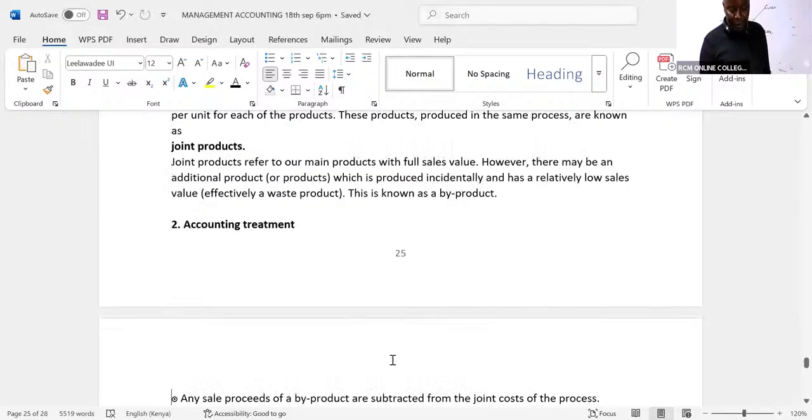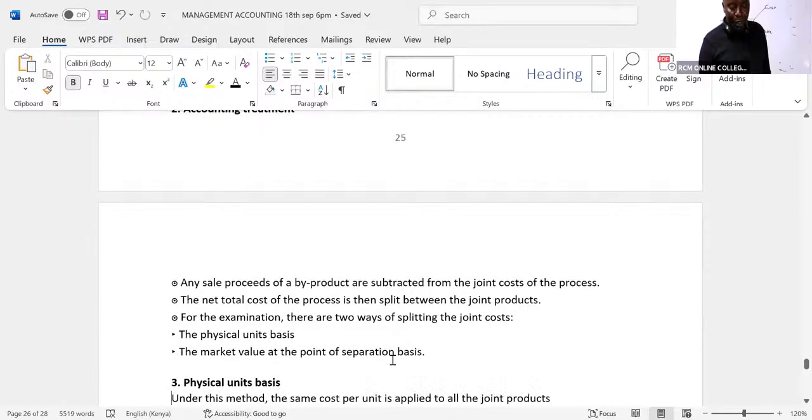Accounting treatment. Any sale proceeds of a byproduct, that waste material, like the sawdust, are subtracted from the joint cost of the process. The net total cost of the process is then split between the joint products. For examination purposes, there are two ways of splitting the joint costs. We have the physical units basis.